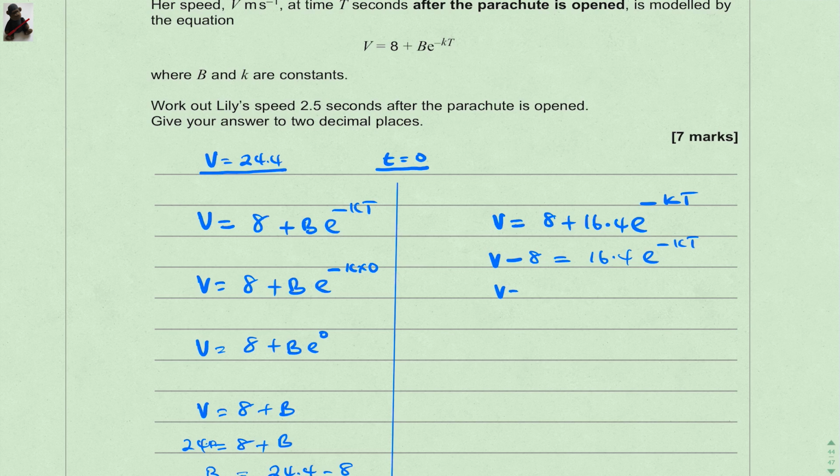So I get v minus 8 over 16.4 equals e to minus kt. Now I need to take ln on both sides. So I have ln, put this in bracket, v minus 8 over 16.4, equals ln e to minus kt.